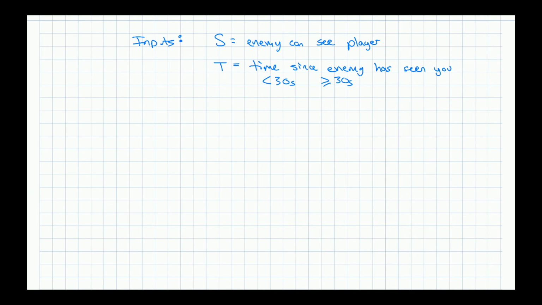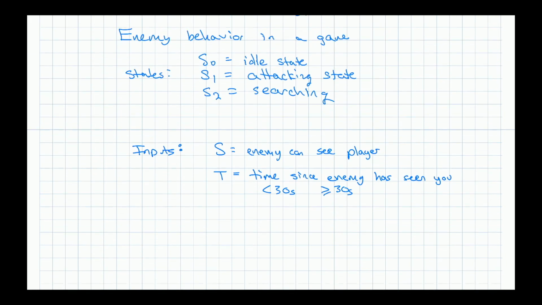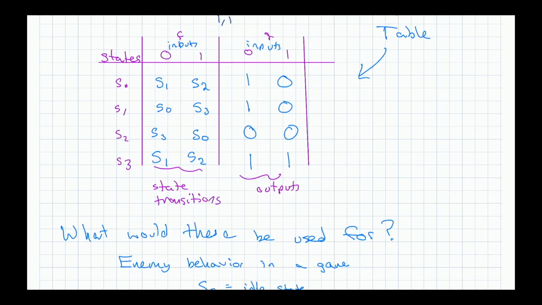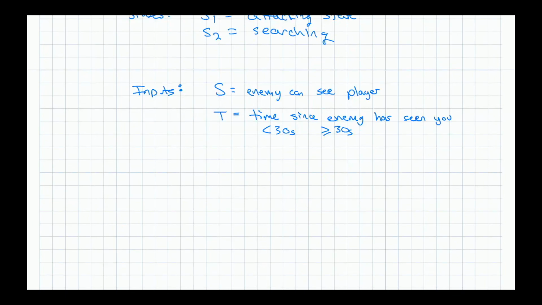That'd be easier. Well, maybe I wouldn't need T, right? No, yeah, we would have needed it. So maybe like this. Sorry, this is probably not the way to do it. Not time since the enemy has seen you. Rather, we would do it this way.